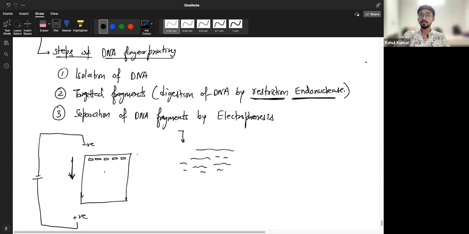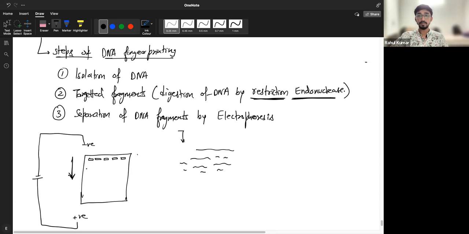Now, because this agarose gel has a pore size, you can make gels of different pore size through different concentration of the material. So if you make highly concentrated gel, it will have smaller pore size. If you make loose gel, it will have greater pore size. Now, depending on what fragments you are making through endonuclease, you make a gel, 1%, 2%, 3%, like that. And then you are allowing the DNA to move.